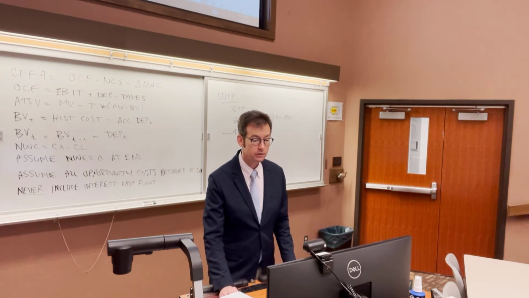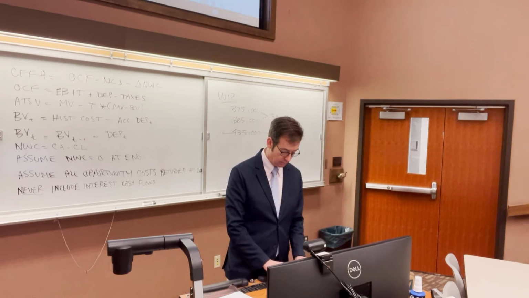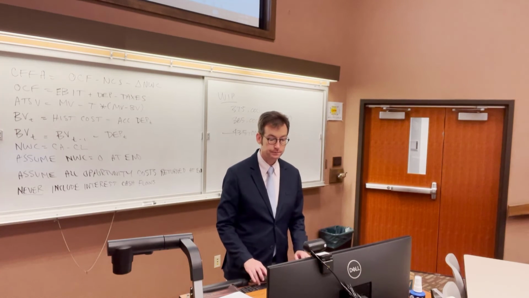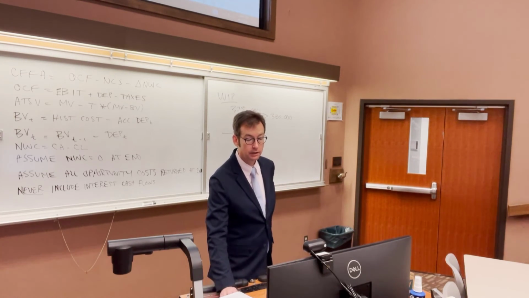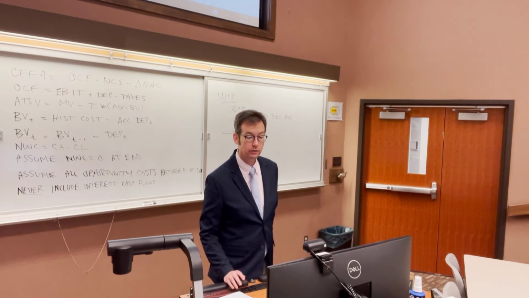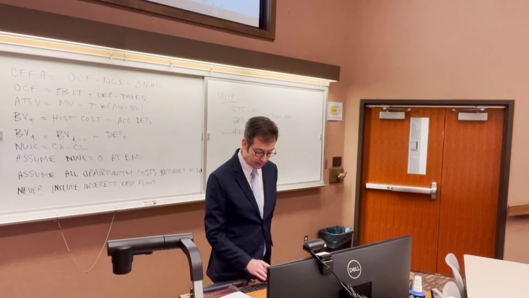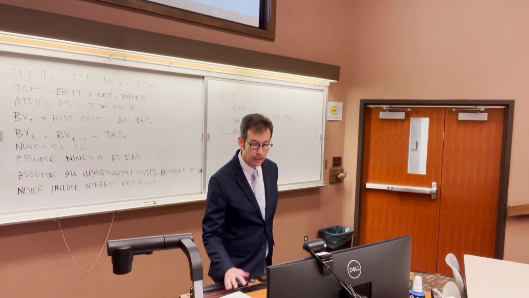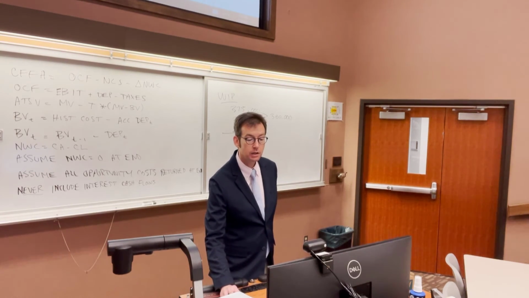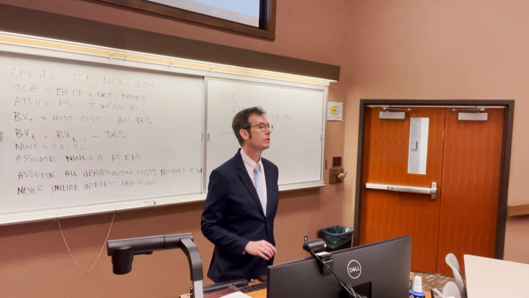Okay, so we can actually go down here now and create net working capital. The first one, at time 0, is going to be equal to this 10,000 bucks. And then after that, it's equal to this sales times this 10% right here. But what do I need to do right now?